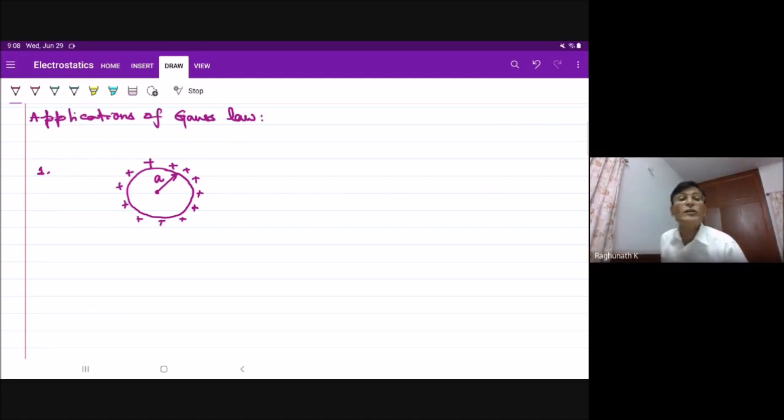In the applications of Gauss law, listen carefully. Whenever we want to determine the electric field intensity at a point, draw a regular surface through the point of interest in such a way that it is everywhere perpendicular to the flux lines.